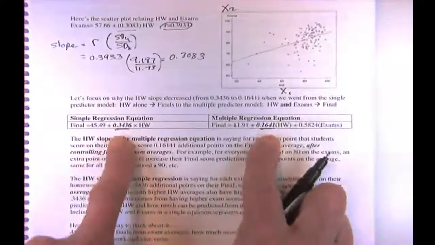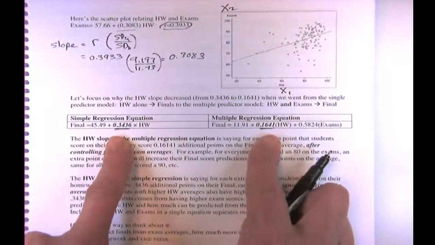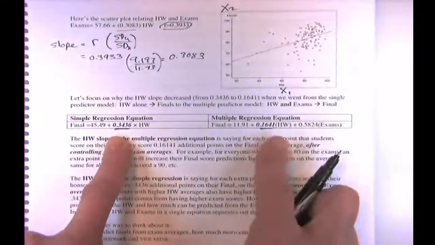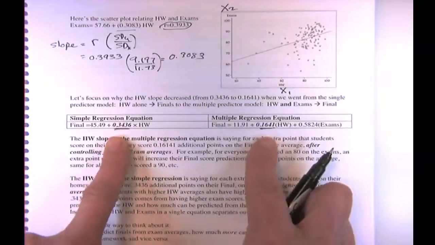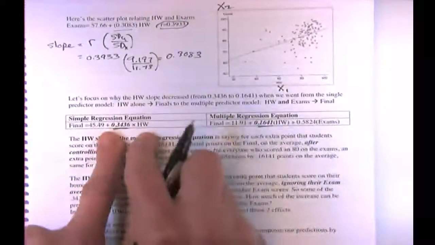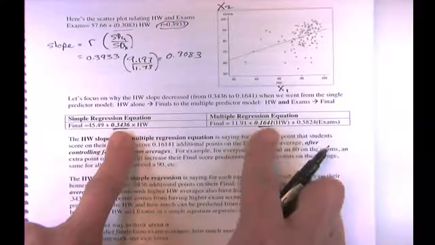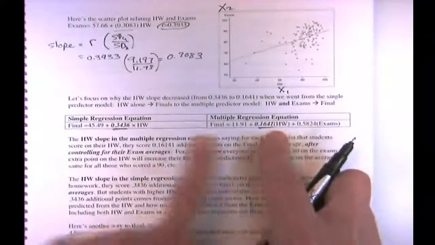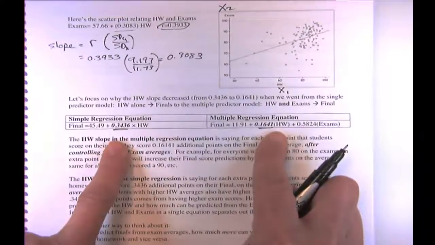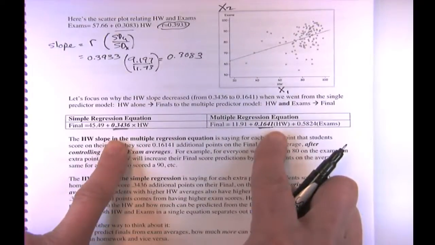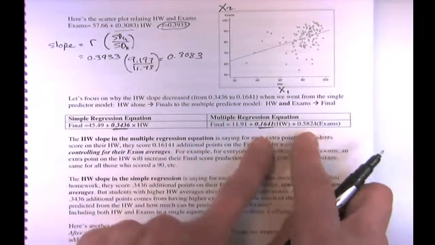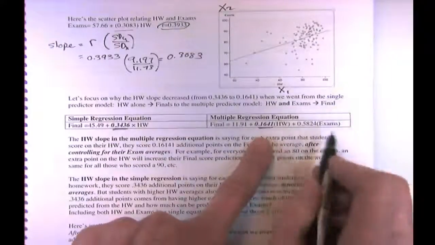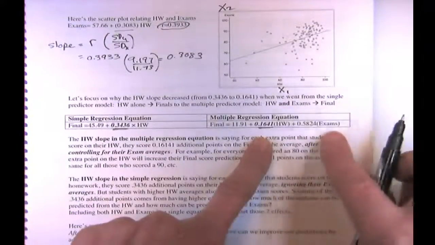Let's derive that. Now, it's much simpler actually with matrices too. You don't have to do any inversion if you go from this direction to this direction. So that's what I'm going to do. I'm just going to show you how you get from the multiple regression to this. And the way that we're going to do it, it's really simple, you'll see, is because we want to get rid of these exams and change this to something in homework.